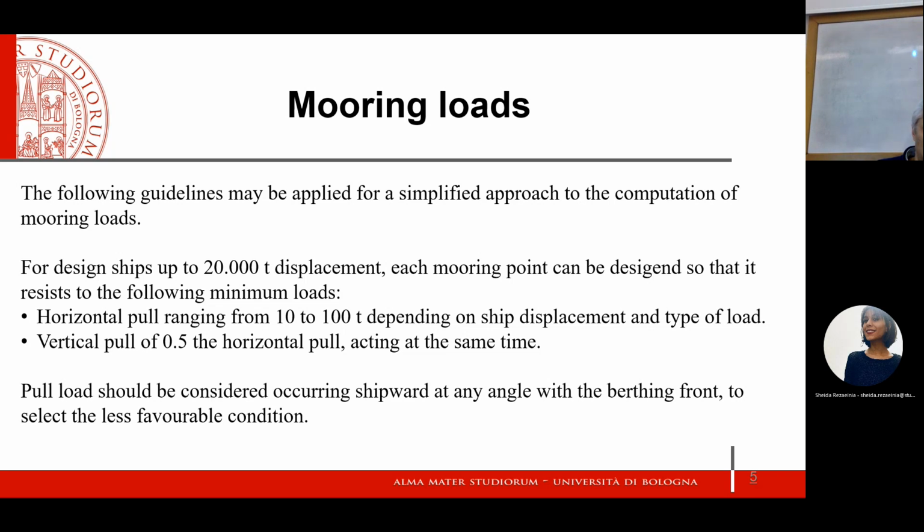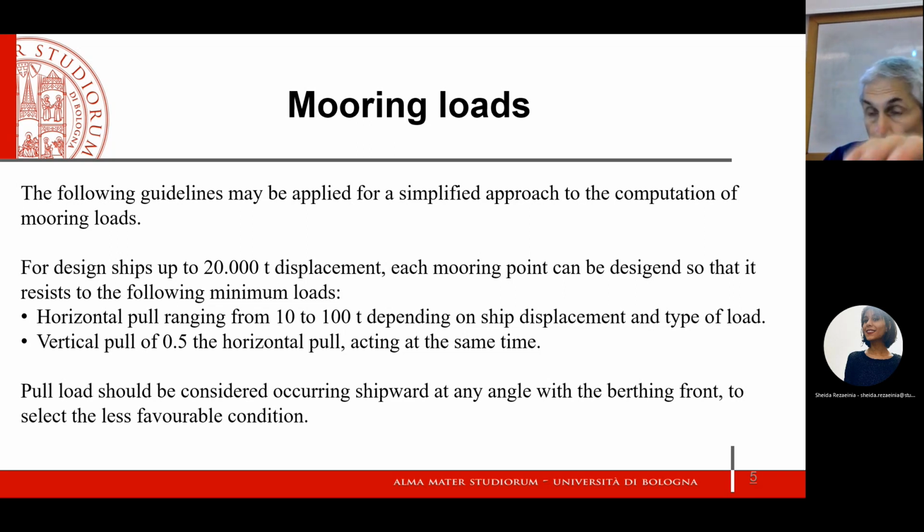If you want to design a berth, and we talked of the suggested length for berths, for piers, for wharves, they depend on the length overall of the ship. So if you are designing a berth for hosting cruise ships, you know that they can be more than 300 meters long. So of course the berth should be longer than that.